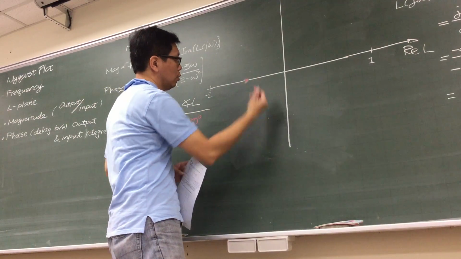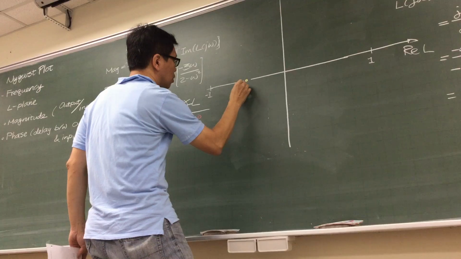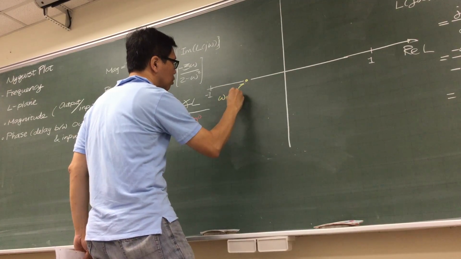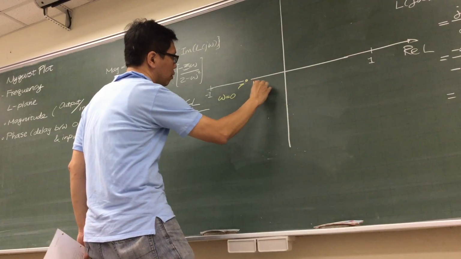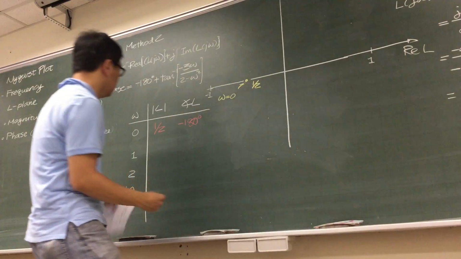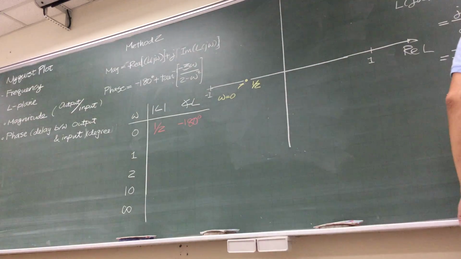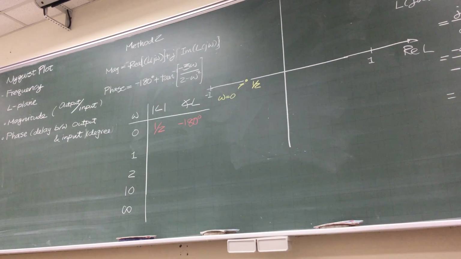So this one is not clear. Let me use yellow. So this point over here is omega equals 0, and this is going to be 1/2. If we put omega equals 1 over here, what do I have? I have 1/2 square root of 2, 1 plus 1 over 4.